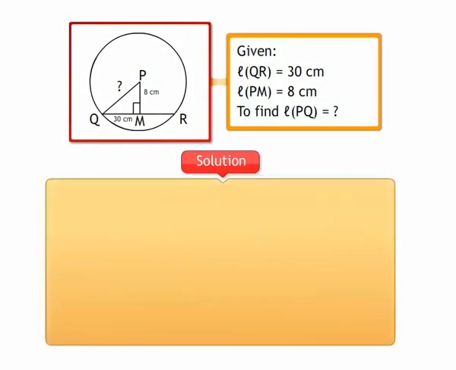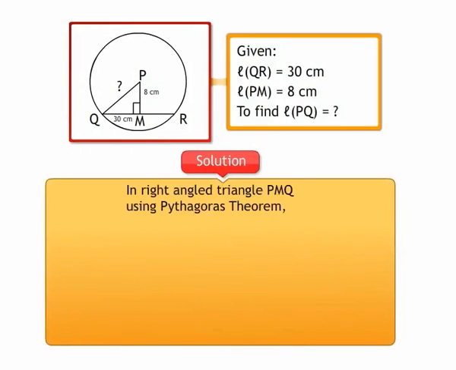In right angle triangle PMQ, using Pythagoras theorem, we can find the length of radius PQ. Length of PQ square is equal to length of PM square plus length of QM square.